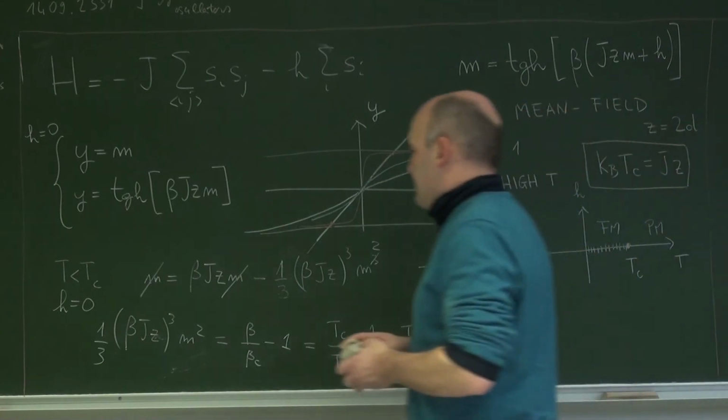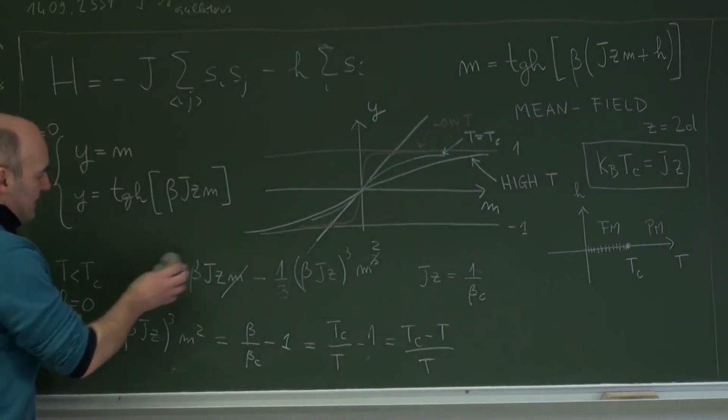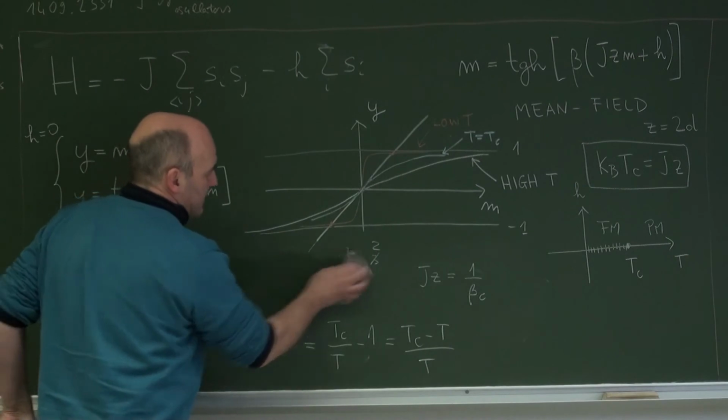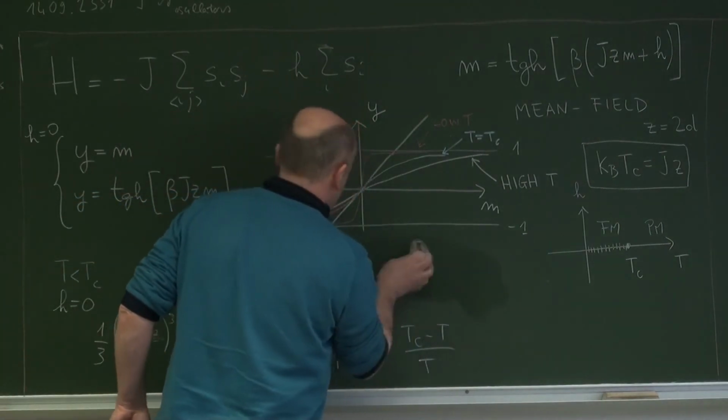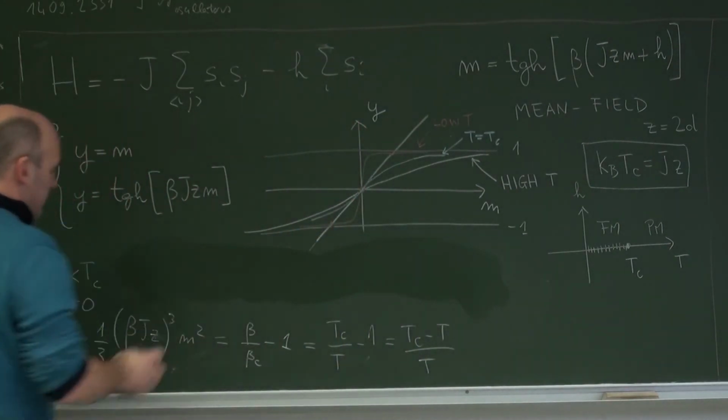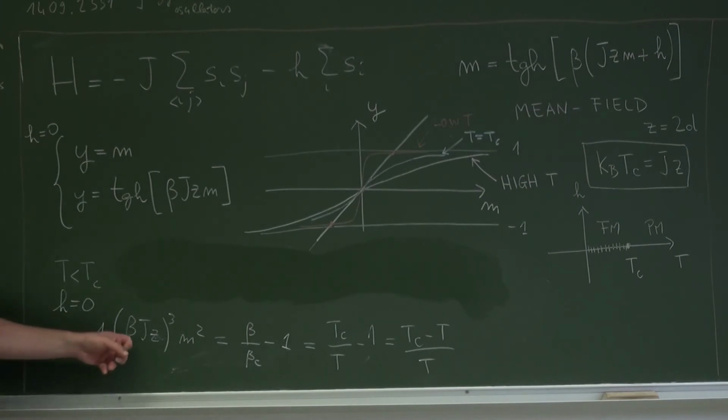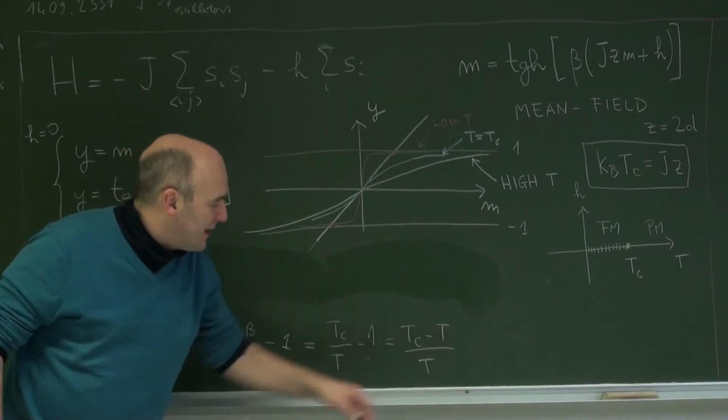Now let me erase this line and write it here. You see that when I'm close to the critical point, I can expand beta around beta c, or the temperature around Tc. This gives beta equal to beta c, therefore this is equal to 1 plus higher order terms. This gives T equal to Tc plus higher order terms.